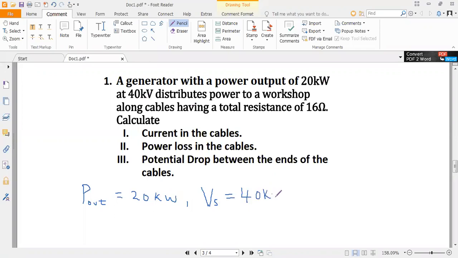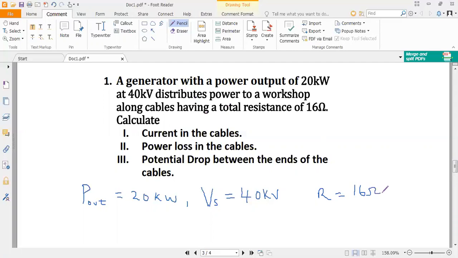Remember, when dealing with generators and transformers, we have what we call the primary coil and the secondary coil. It is distributing power to the workshop along cables of resistance 16 ohms. So we can also write down the resistance of the cables, which is 16 ohms.